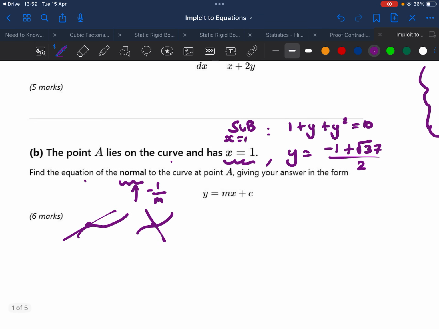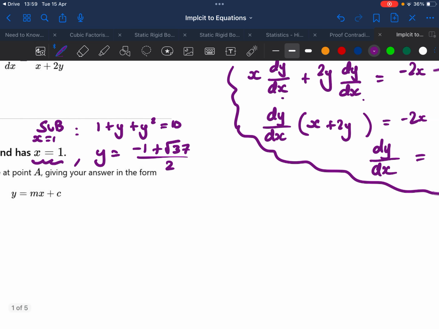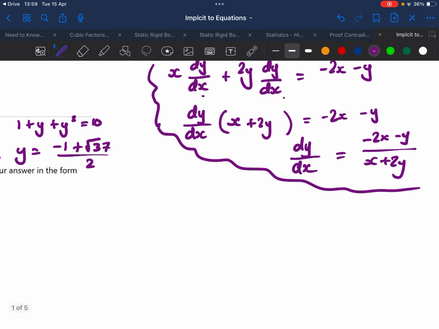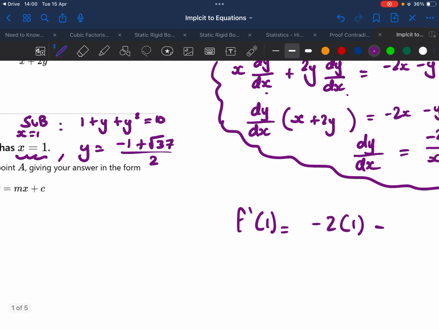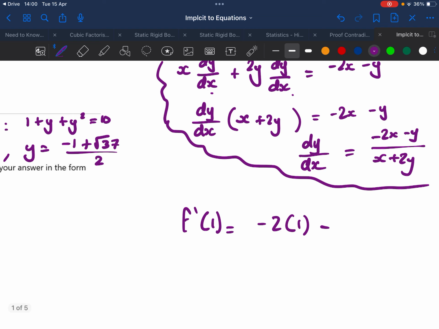What's the next thing to do? Well, I want to find the gradient at x equals 1, and then I want to find the normal of that. So let's go to my gradient over here and do some work with this one. There's a few different ways you could do this. I'm going to still sub into the original value. So the gradient at 1 is equal to minus 2 lots of 1, minus, now this one's not so nice because it's this surd, isn't it?